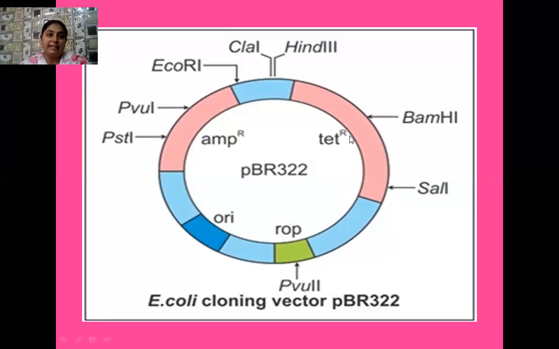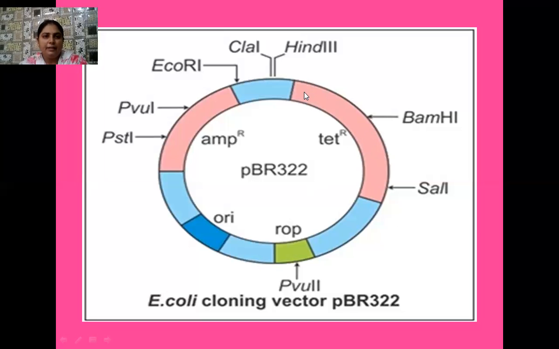Earlier they had the tetracycline resistance gene, so they could easily grow over the Petri plate. But now this tetracycline resistance gene is nullified by the insert that is put over this BamHI site. So a different effect is seen. We can easily identify the transformants and the non-transformants because the tetracycline resistance gene is now absent.